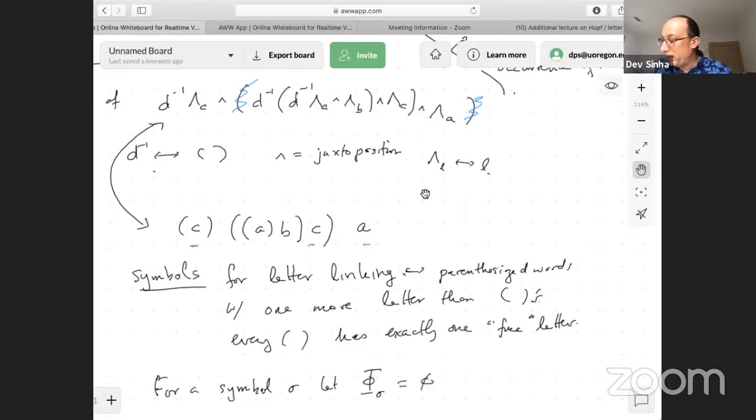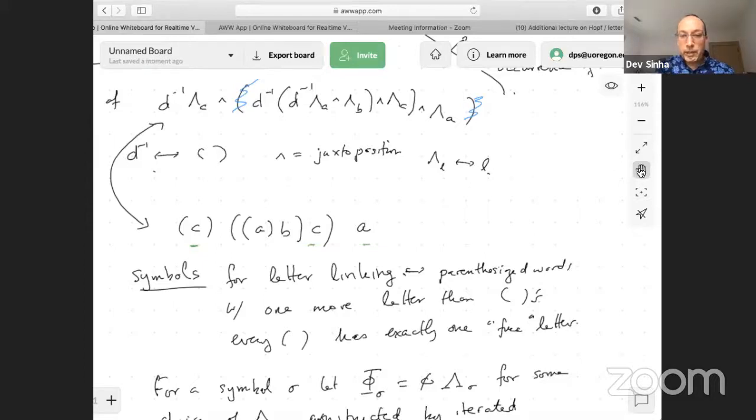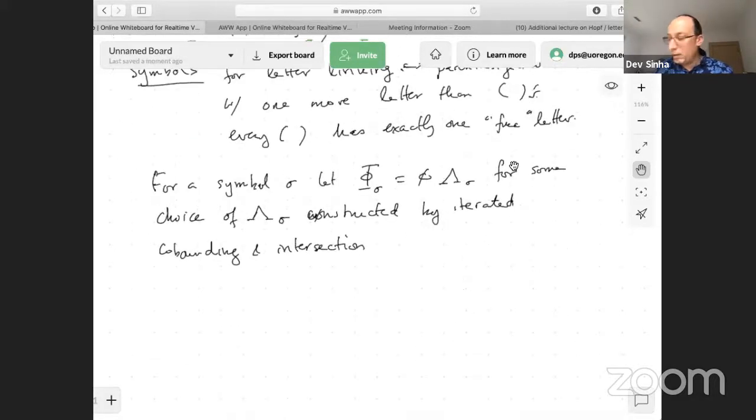It is going to be phi of lambda sigma for some choice of lambda sigma constructed by iterated linking, so iterated co-bounding and intersection, and that's going to be according to sigma.